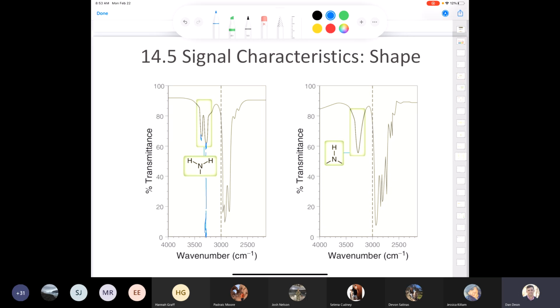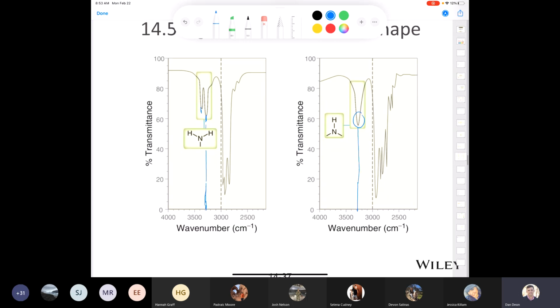And then for a secondary amine, you have one absorbance, a single absorbance, and in this case, it's around 3300 reciprocal centimeters. So again, that's how we would differentiate between a primary and a secondary amine.